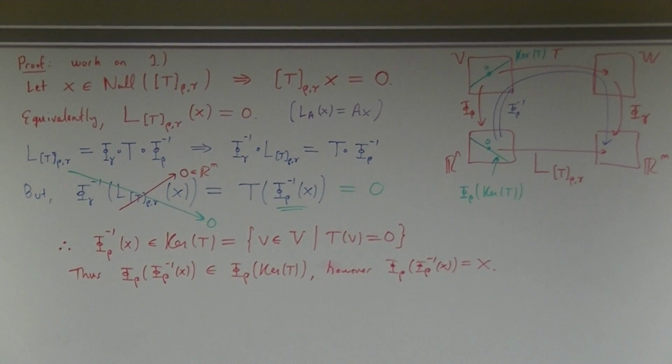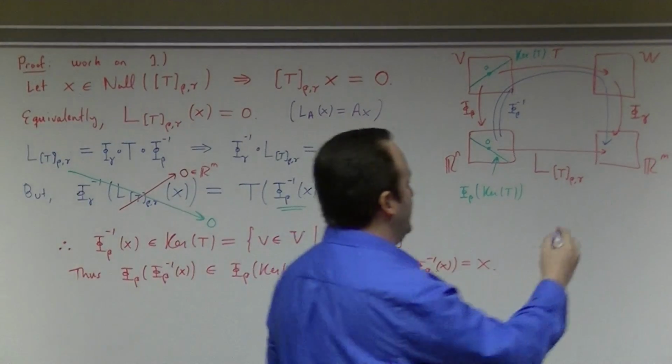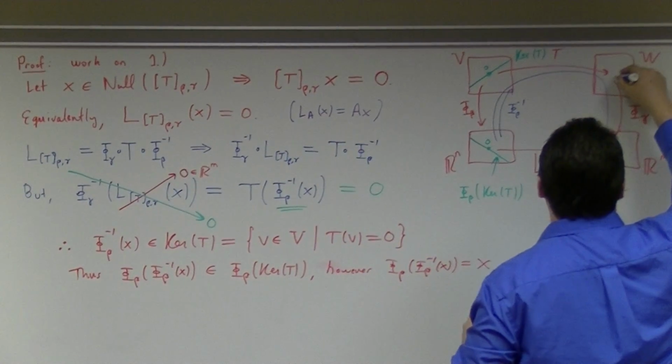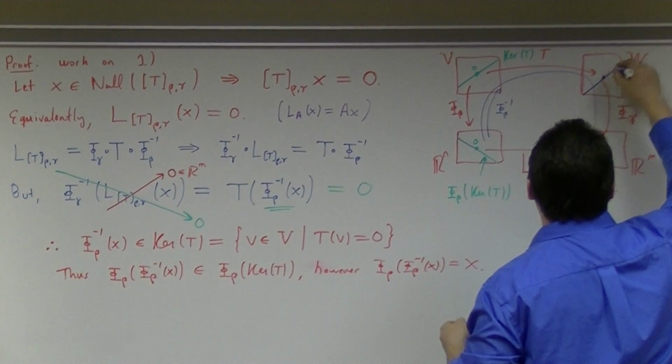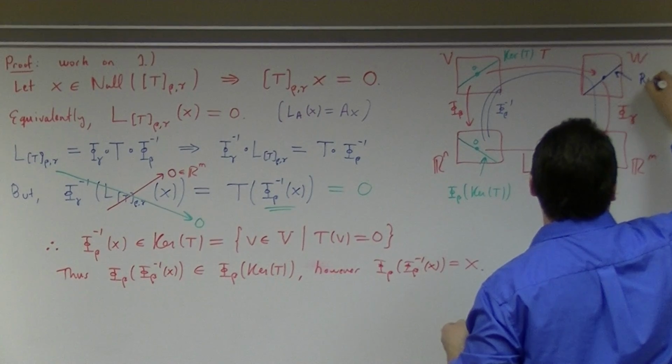On the other hand, the other part says the range doesn't have to be all of W, right? It could be some one-dimensional subspace, for example.